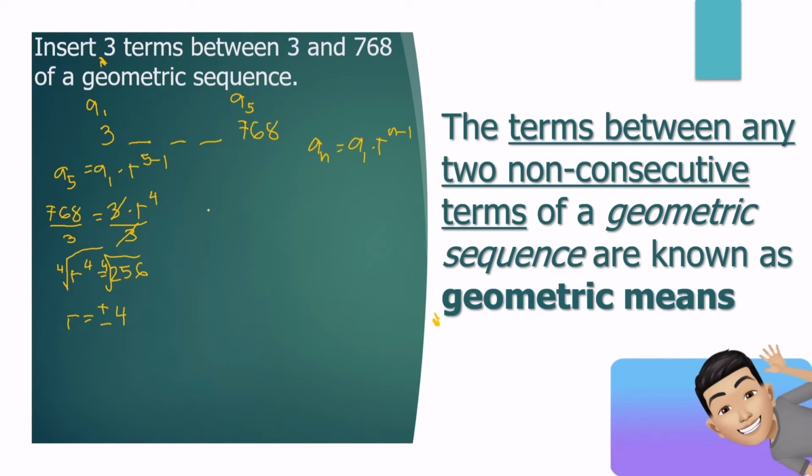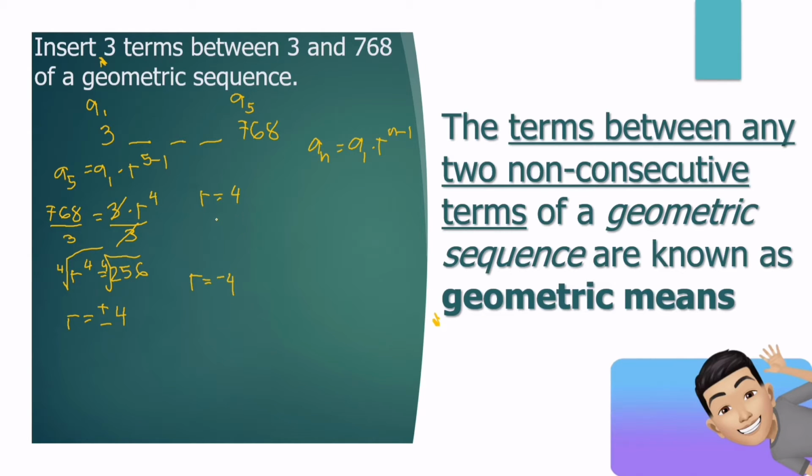Therefore, magkakaroon tayo ng dalawang set ng geometric sequence. Una, kapag ang common ratio ay positive 4, and pangalawa, kapag ang common ratio ay negative 4.